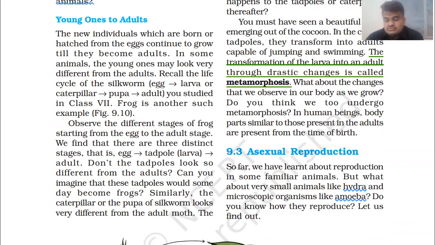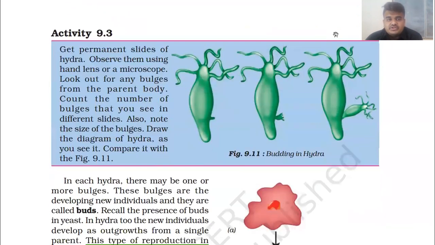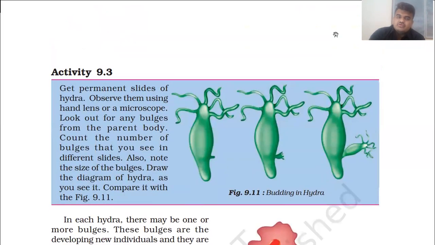Now we are going to study this asexual reproduction. So let's see activity 9.3. Get permanent slides of hydra. Here I'm giving you only the basic understanding of hydra, because this hydra is hard to destroy.